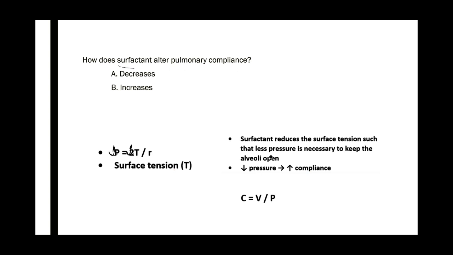Another way to put it, remember, it makes it so that less pressure is necessary to keep the alveoli open. So that means the alveoli can be more distendable upon inhalation of air. Another way of saying that is they have increased compliance. And if you want to see this in formula form, when you decrease the denominator, you're going to increase the compliance.